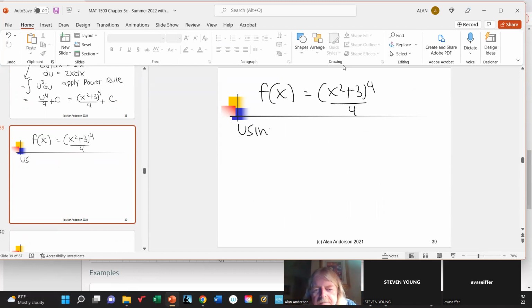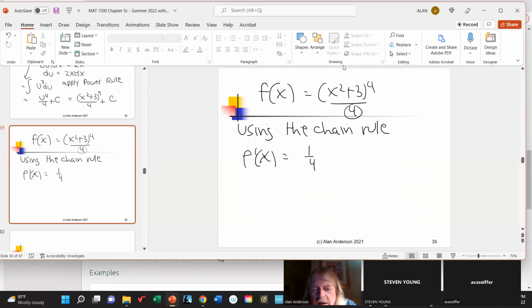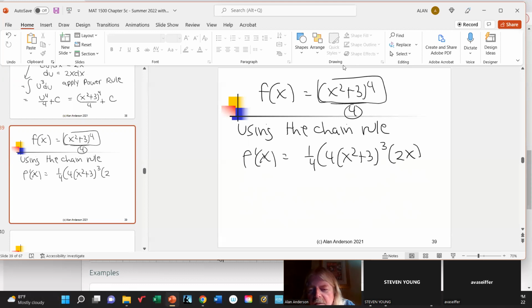Using the chain rule, f prime of x will be 1/4 from here. And then this piece by itself will have a derivative of 4 x squared plus 3. We subtract 1 from the exponent, and then we multiply by the derivative of what's inside the parentheses. So these cancel out, and we end up with x squared plus 3 cubed times 2x.